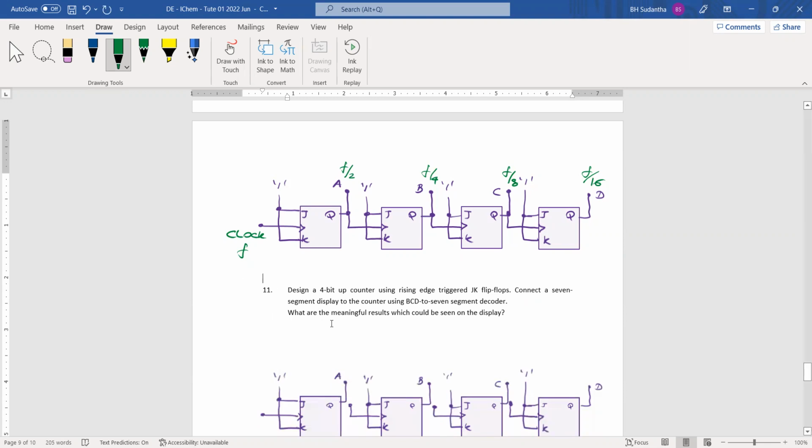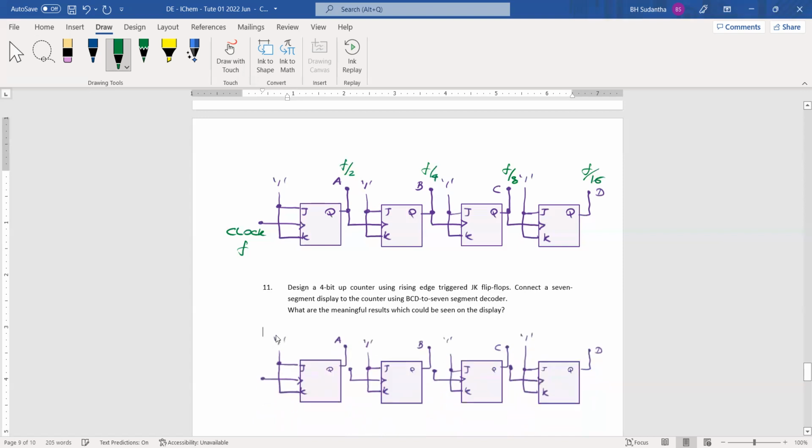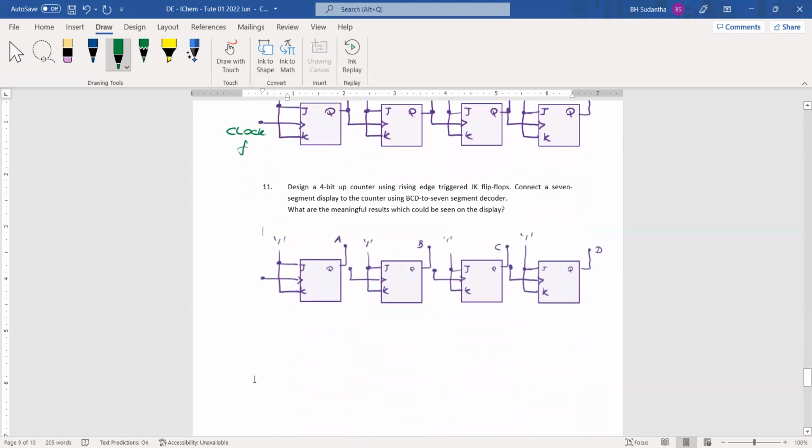Okay. Then the same thing here we have to do. But when you have this one, you know that these are rising edge triggered flip-flops. And we have to design an up count. It should be an up count, and we have to use rising edge triggered JK flip-flops. Okay.